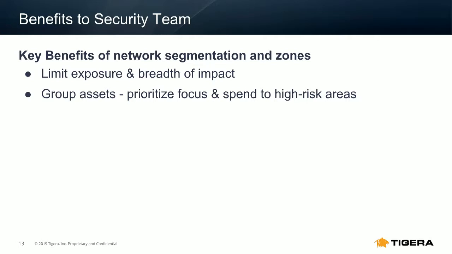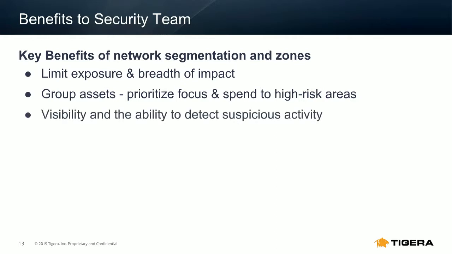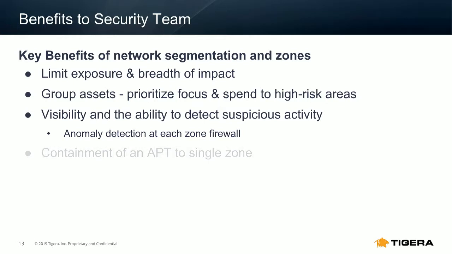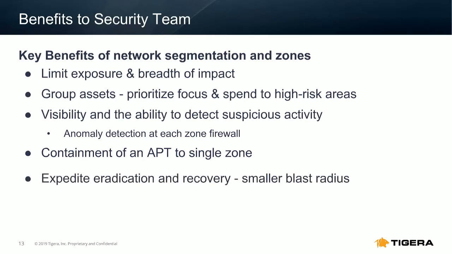If there are 1,000 workloads to look at, it's difficult to prioritize which ones are really critical to keep your eye on, so they tend to spend more time in those high-risk areas. That visibility provides the ability to detect suspicious activity, so anomaly detection in each one of those firewall zones, and then contain any advanced persistent threat to a single zone, so it can't spread and infect the entire environment.